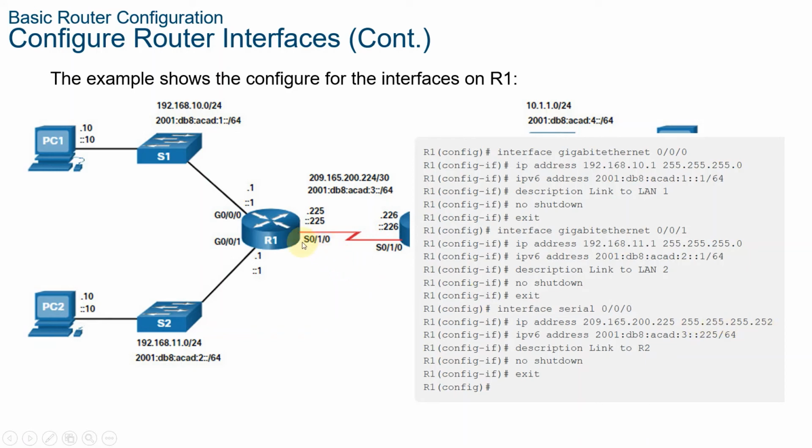If you're going to follow this topology, this should be serial 0/1/0. And then the IPv6 address, something like 2001:DB8:ACAD:3::225/64, and then activate it with the no shutdown command. So that's how simple it is to assign an IP address on the interface of a router.